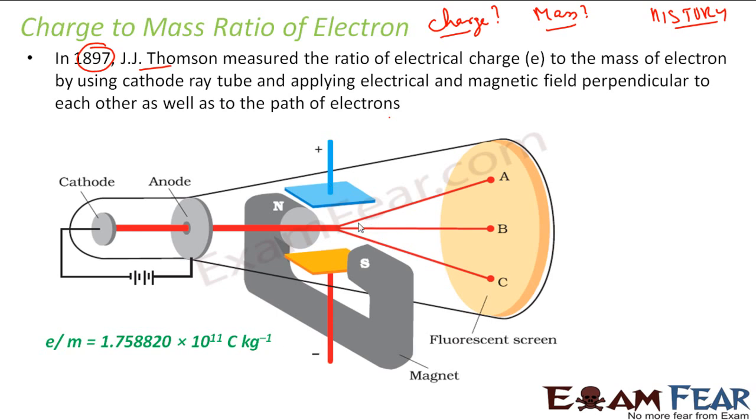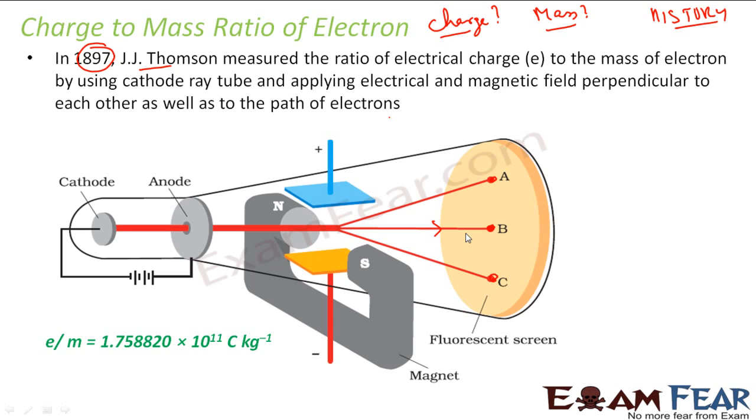Once he applied the magnetic field, the electrons, let's suppose, strike here. Then he applied the electric field and the electrons strike here instead of going straight. Without the electric field, it goes to B. Then he somehow balanced the electric field and magnetic field in such a way that both cancel each other and the electrons strike this position itself.